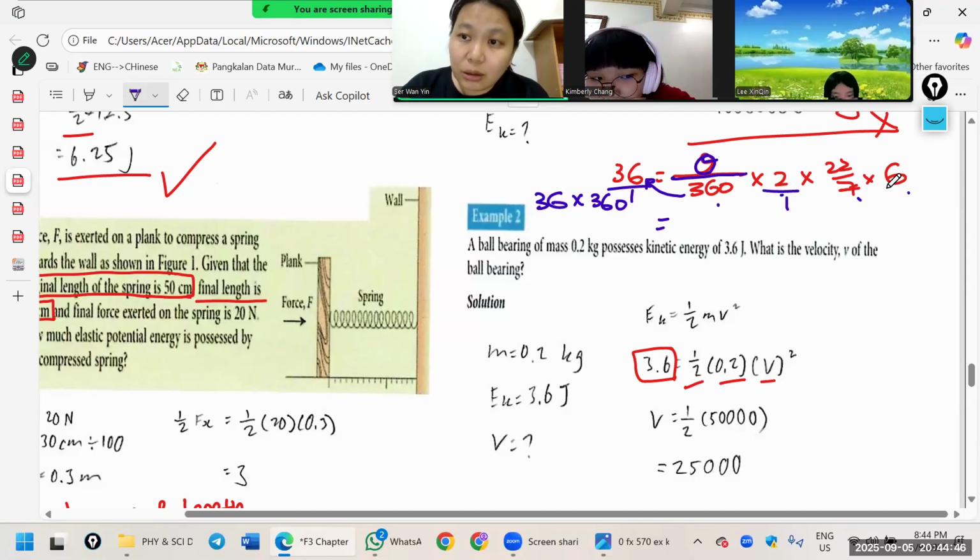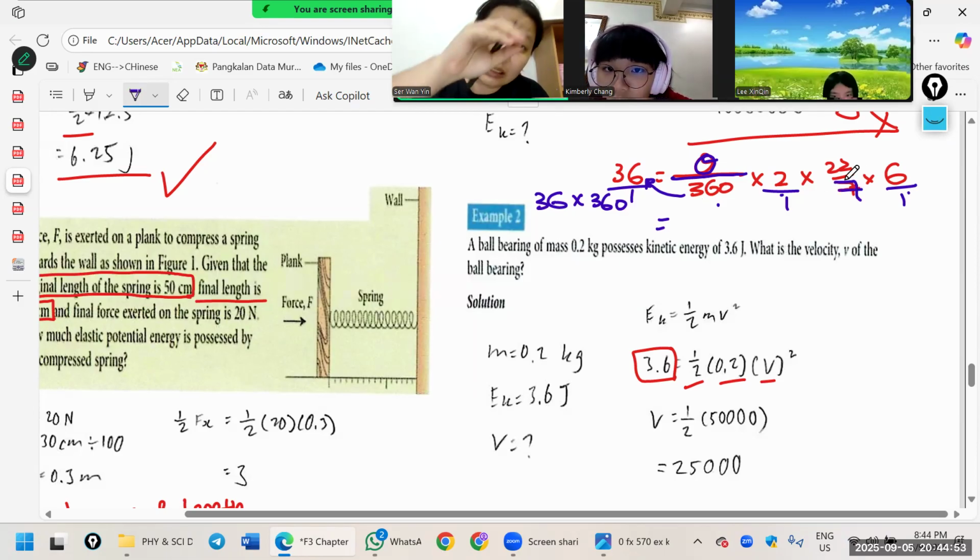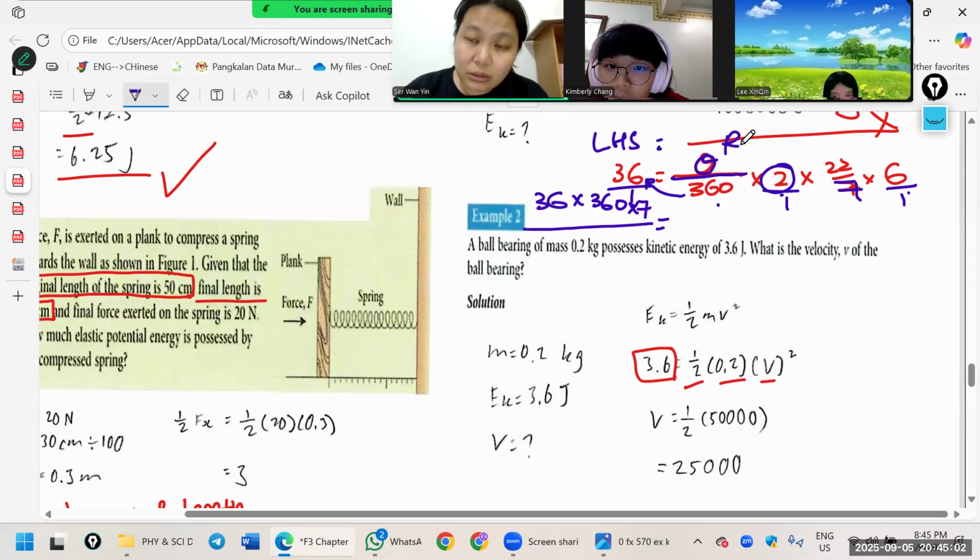This one is actually on top. You can see 360 at the bottom, 7 at the bottom. When you move to another side, you cross multiply up. So times 7 divided by this one on top. This is the left hand side. This is the right hand side. On top, right?